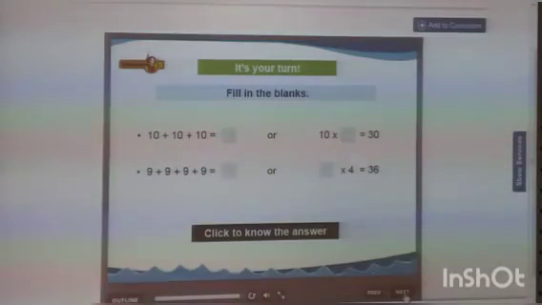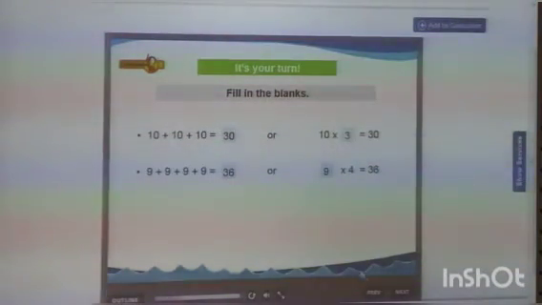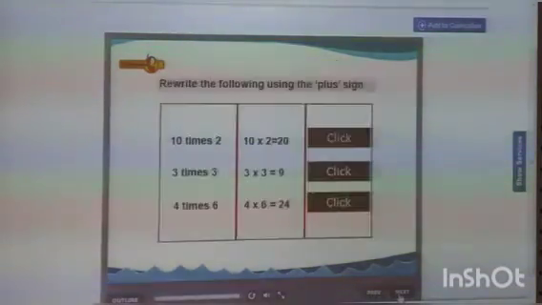Now it's your turn. Fill in the blanks. Click to know the answer. Now it's your turn. Rewrite the following using the plus sign. Click for answer.